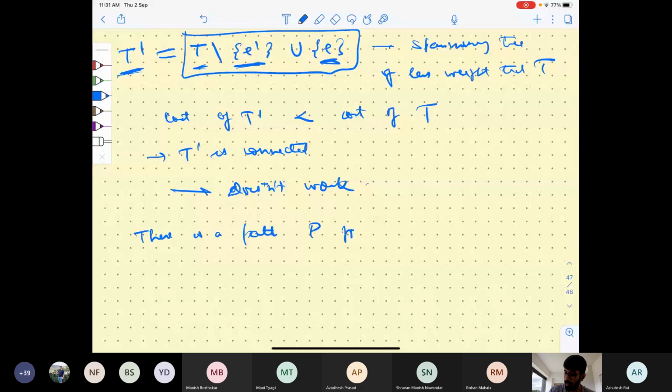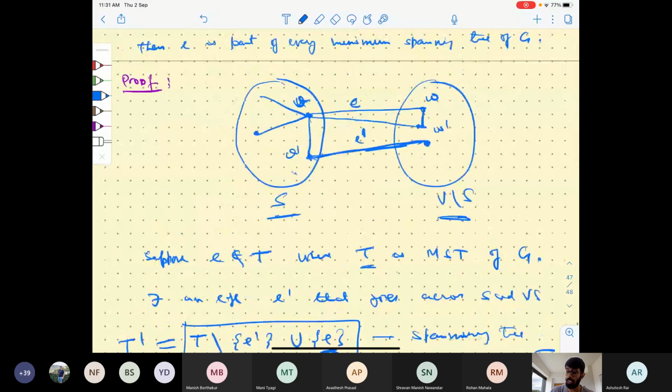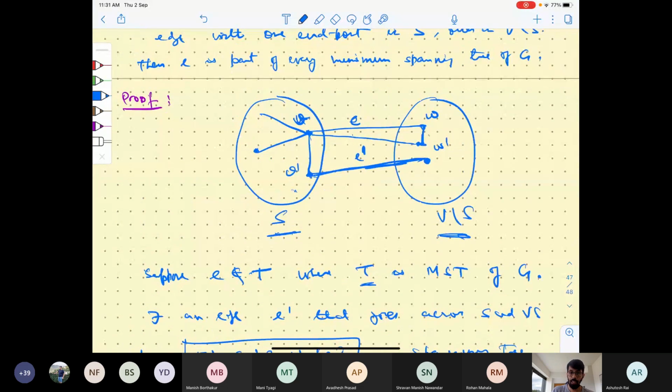Let's say just a path for now, because I'll use it later for the proof. The path between V and W in T is just in the tree, and the path does not include this edge E, right? That path is in the tree and E is not in the tree. E does not belong to T, right?